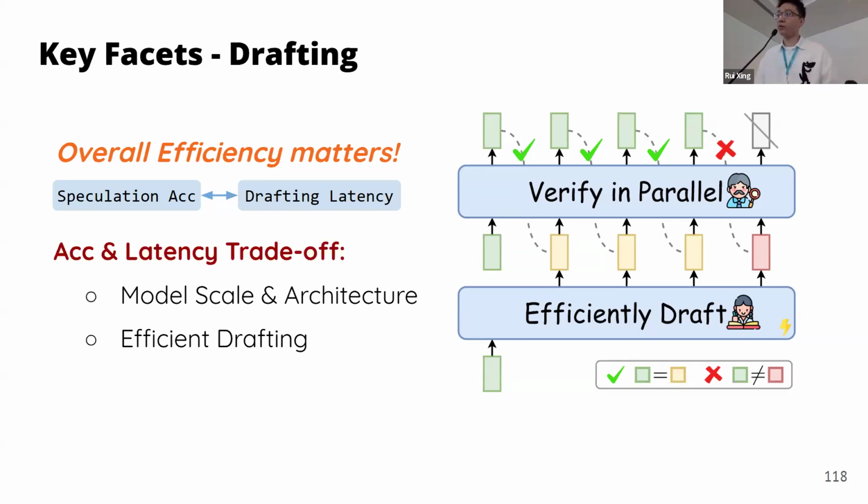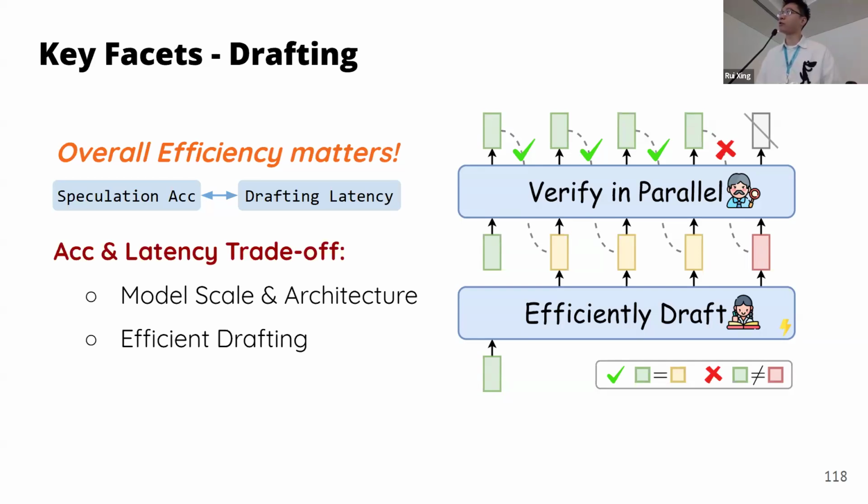We would like more tokens to pass the verification so that we can get more parallelism in each decoding step. For example, if we get 10 tokens past the verification and we ignore the drafting accuracy and drafting latency, it means that we can get 10 tokens decoded in a single decoding step. And ideally, it means that we accelerate the inference process by 10 times.